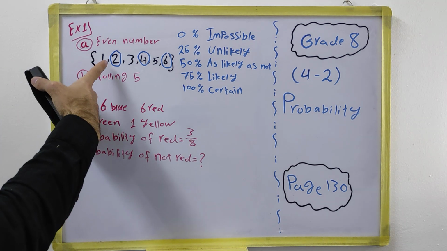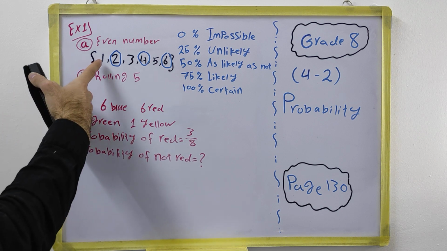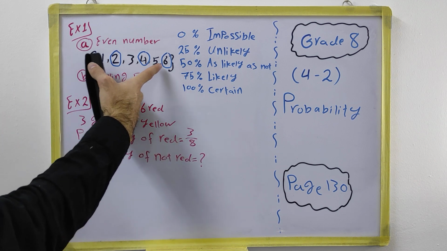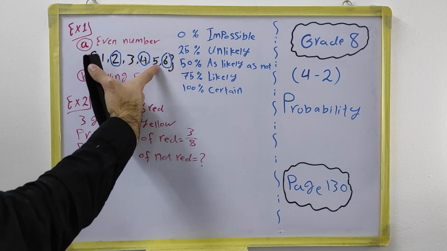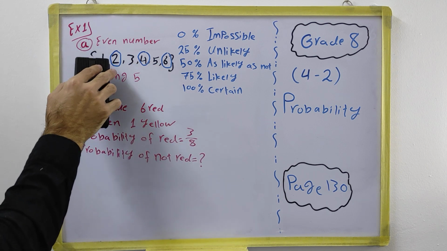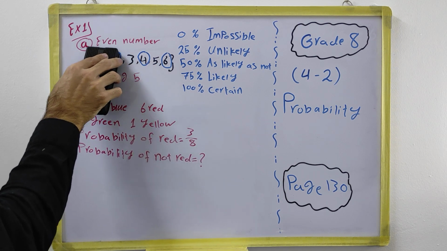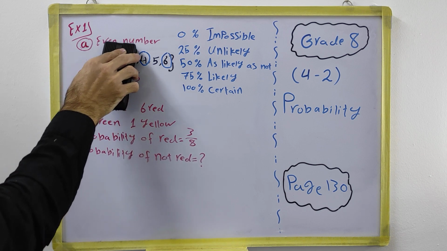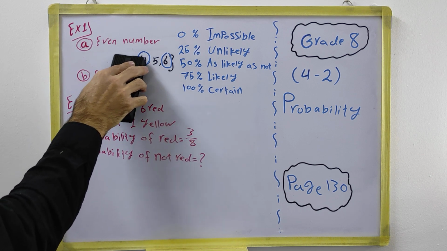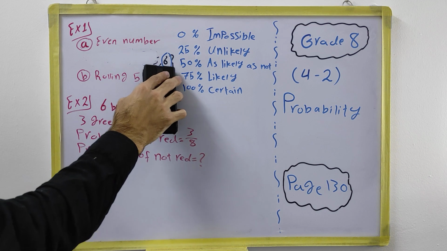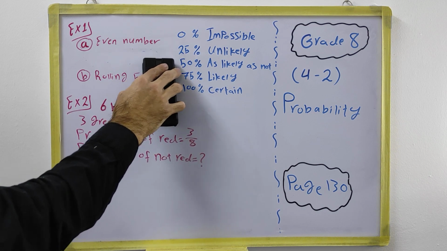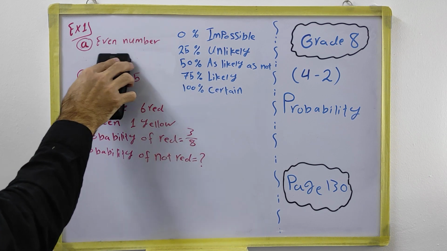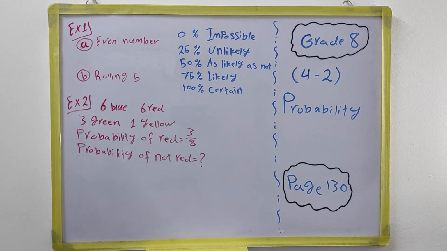So the chance is like 50-50, because 3 to happen, 3 to not happen. In this case we choose the chance which is half to happen.